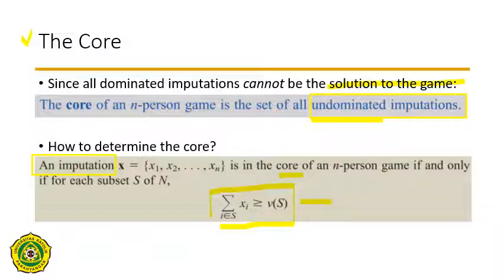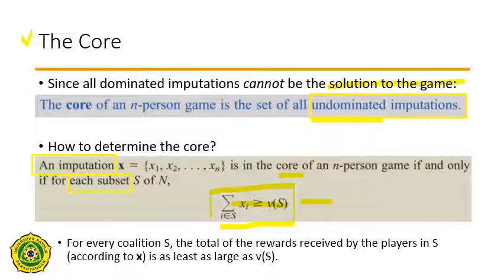First, you need to make sure that the reward vector is an imputation. And the second thing is that for each subset S of n, you need to make sure that this inequality is satisfied.